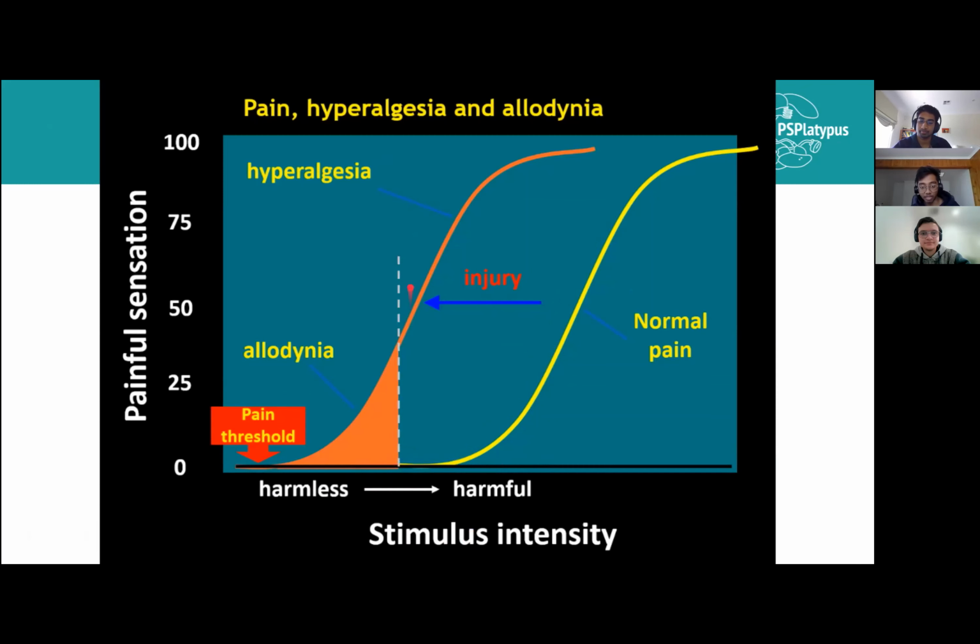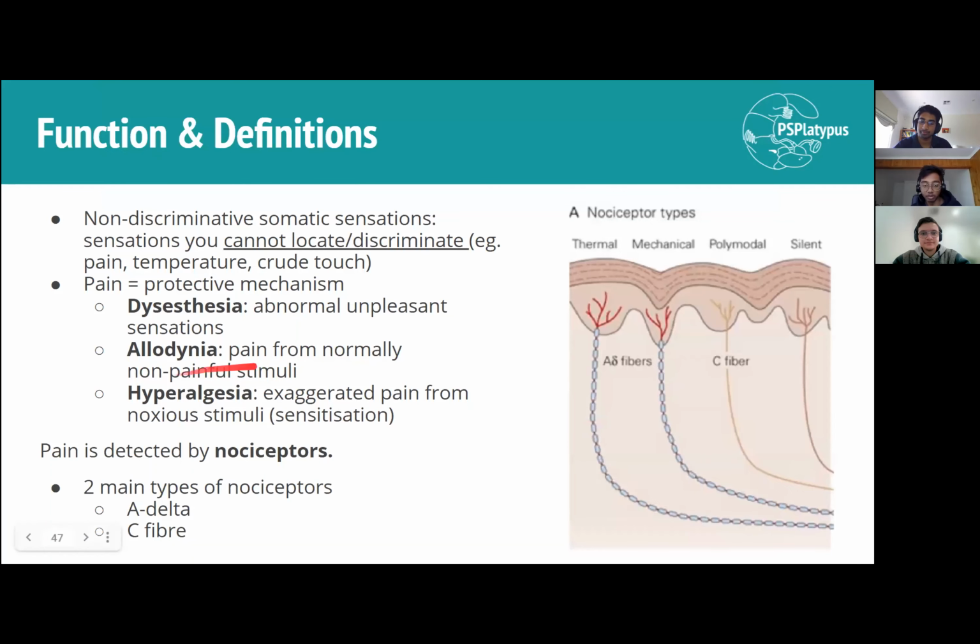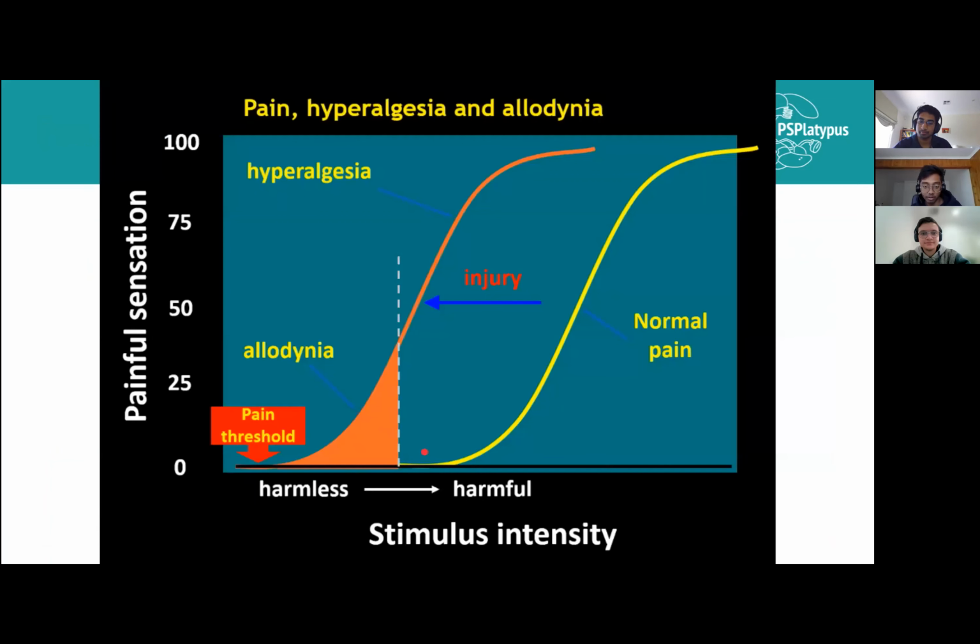But as the pain threshold decreases further, we experience pain in areas where there's not as much harm, where it doesn't cross the harm threshold for normal pain to start. And that's allodynia, which is pain from normally non-painful stimuli. Then once we cross the threshold for when normal pain starts, we get hyperalgesia, which is exaggerated pain from the same stimulus.